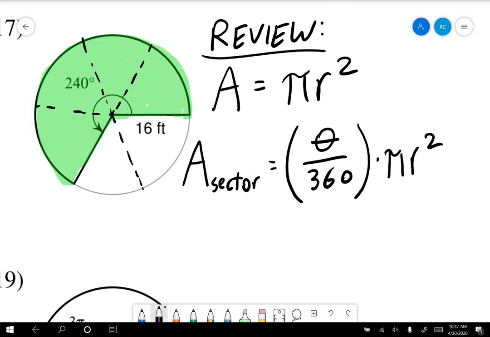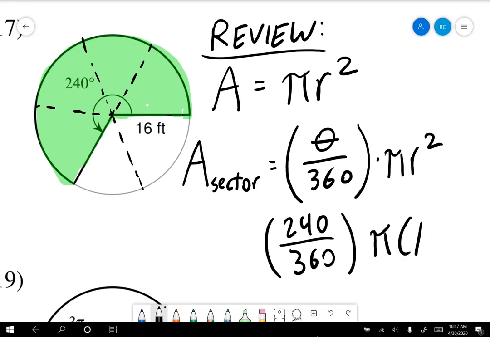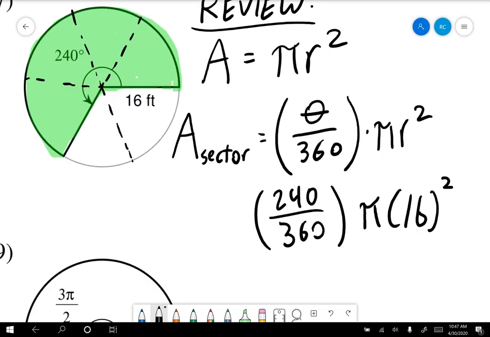Okay, so we get 240 over 360 times pi r, which is 16, squared. Okay, so 24 over 36, right? Because both of these are divisible by 10, so the zeros cancel there. 24 and 36 are both divisible by, I believe, 8?